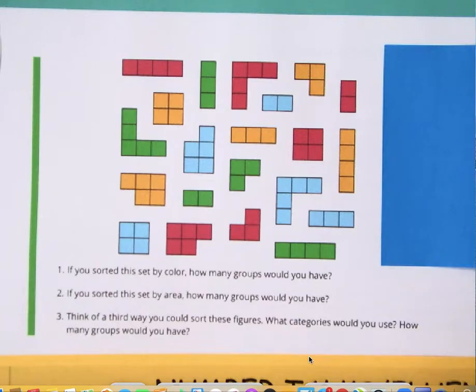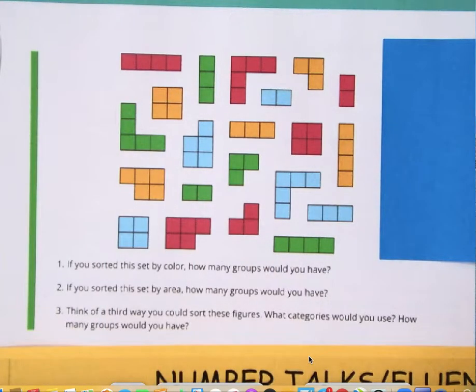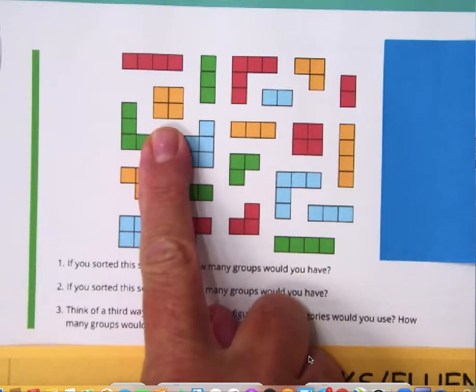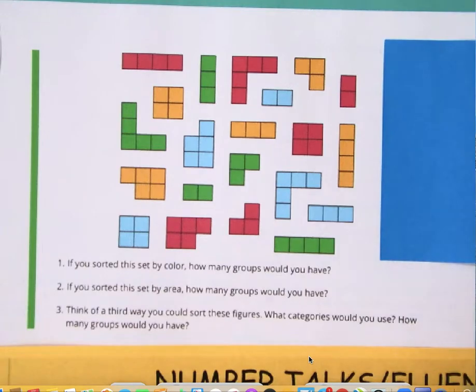Okay, so let's go through them. Starting at the top, you got some red, then you got some green. Guess we'd call this gold or yellow, and we got some light blue. So how many color sets do we have? Red, green, blue, and yellow, so 4.